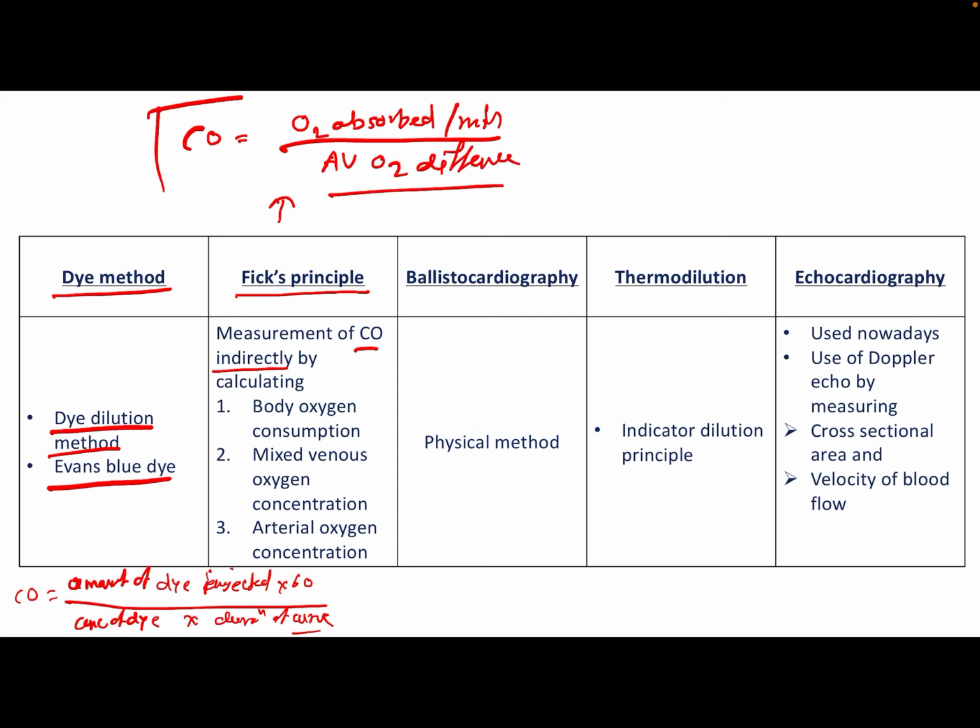This formula is used for calculation of the cardiac output. Cardiac output's unit is ml per minute.